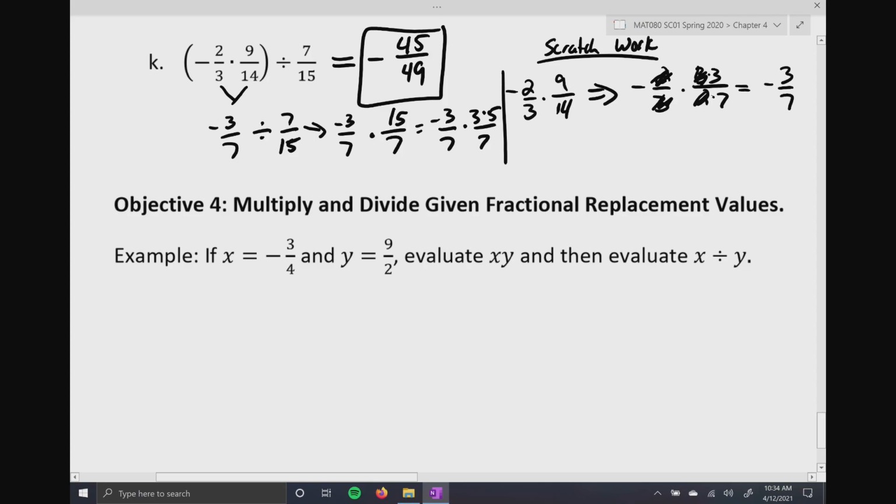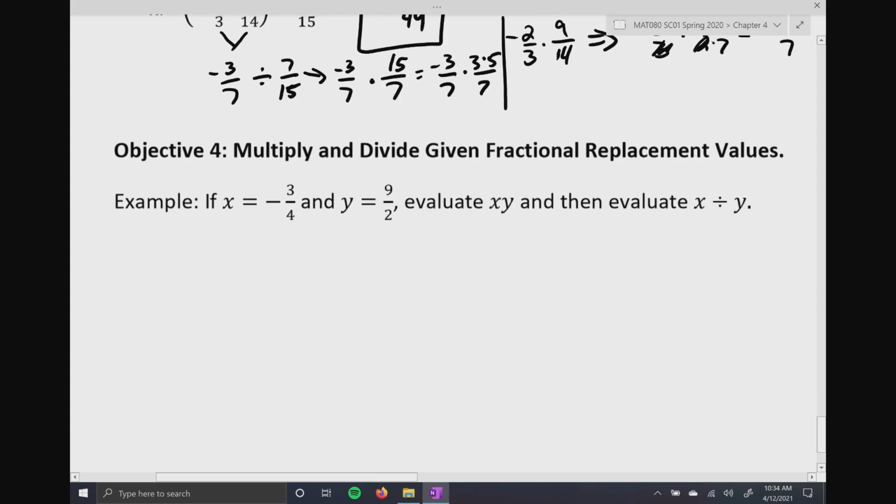All right. Last objective is actually really simple. All you got to do is just multiply or divide by giving the fractional replacement values. So here's an example. If x equals negative 3 over 4 and y equals 9 over 2, evaluate x times y, and then do x divided by y.